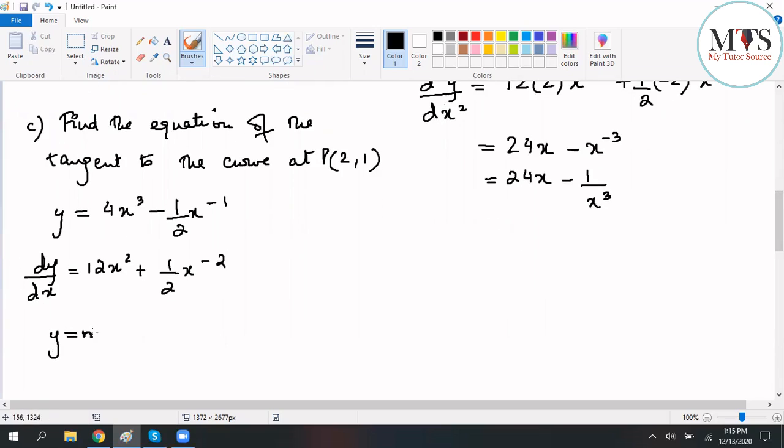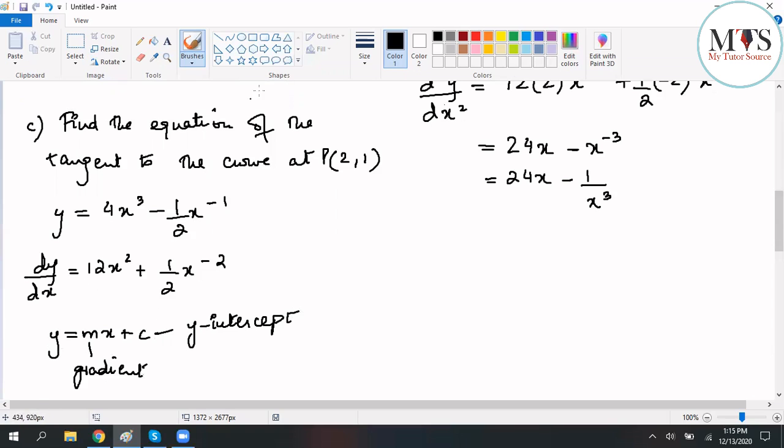They want us to find the equation of the tangent, which is also a line, right? So in y equals mx plus c, what terms do we need? The gradient and the y-intercept. That's it.